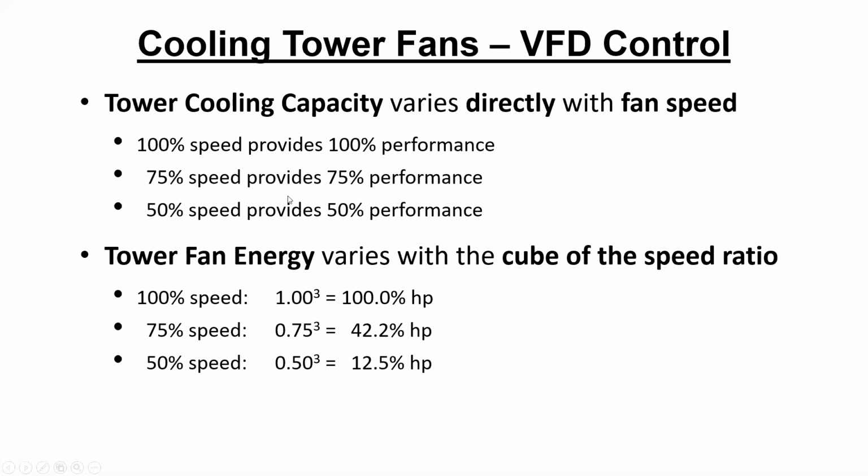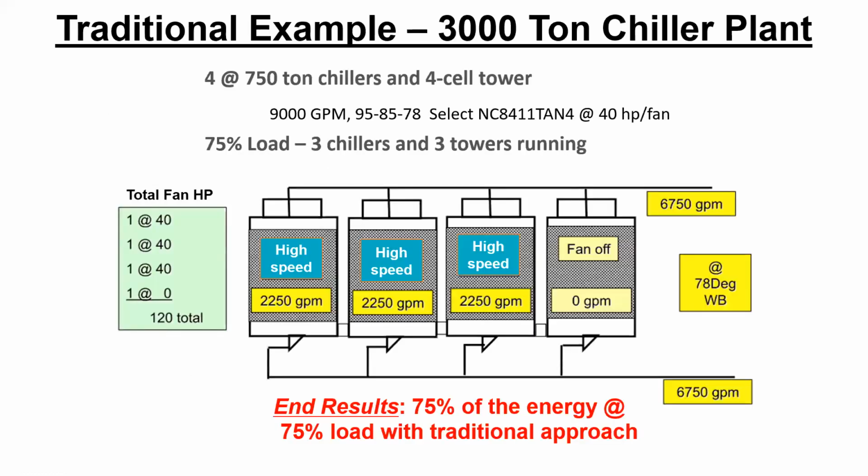But as you remember, fan energy use varies with the cube of the speed ratio. So if we can bring the speed of the fan to 50%, 0.5 to the power of 3, we are talking about reducing the power use from 100% to 12.5%. This is how the fan energy varies.